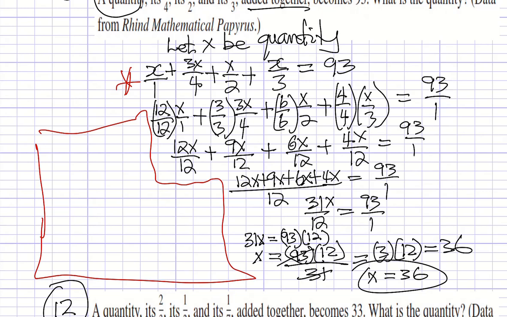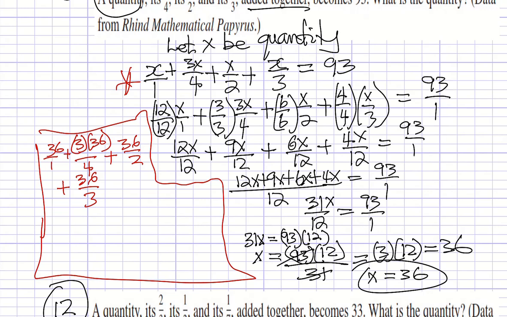What is that? 36 over 1 plus 36 times 3 over 4 plus 36 over 2 plus 36 over 3. What is that?